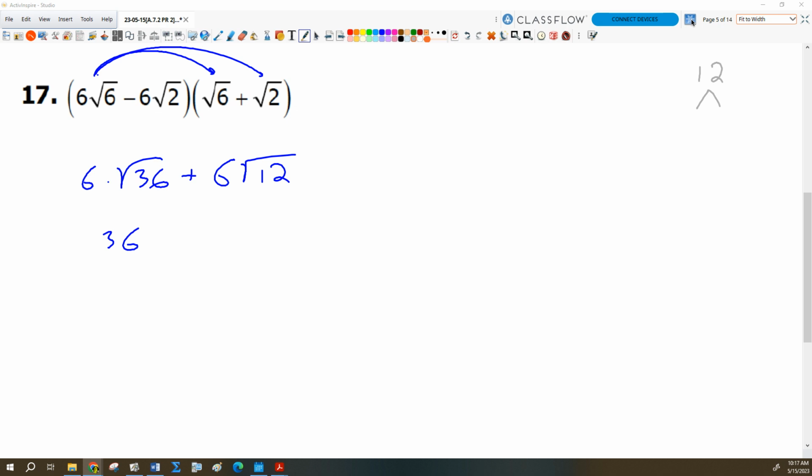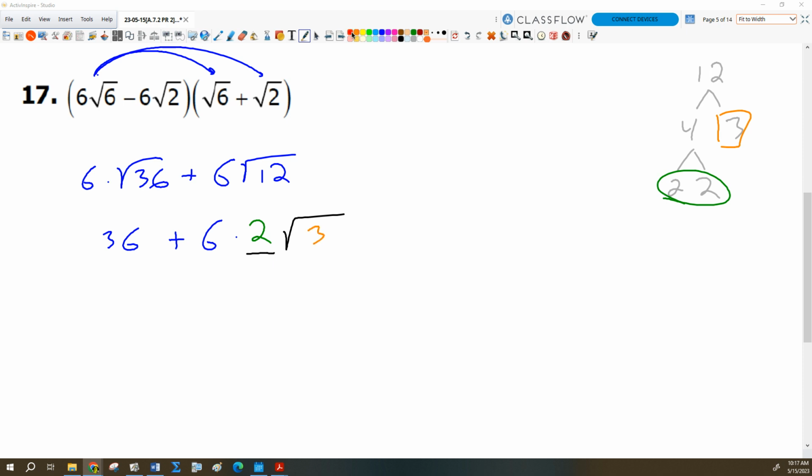What's that factor into? 4 and 3. 4 is a good choice because 4 gives us a couple of 2s. There we go. So this one's going to break up into 6 times an outside number of 2. And I got a single 3 left over.